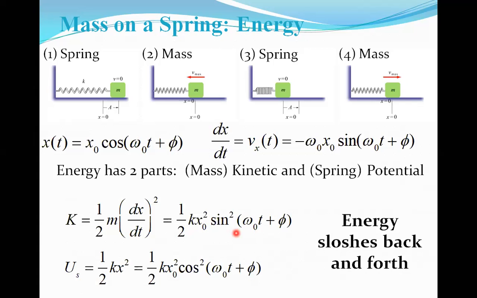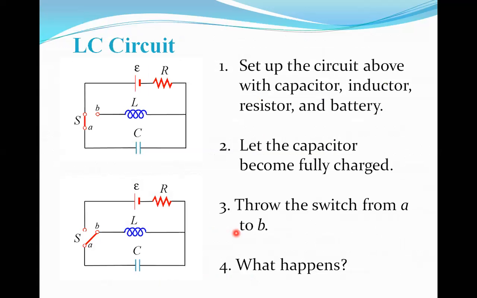Now the same spring mass simple harmonic fundamental, we will try to understand in LC oscillations, which is a simple harmonic oscillation. We have taken this circuit, set up with a capacitor, inductor, resistor and a battery.